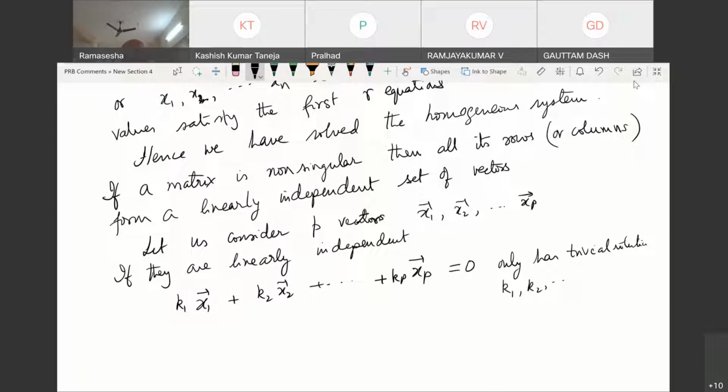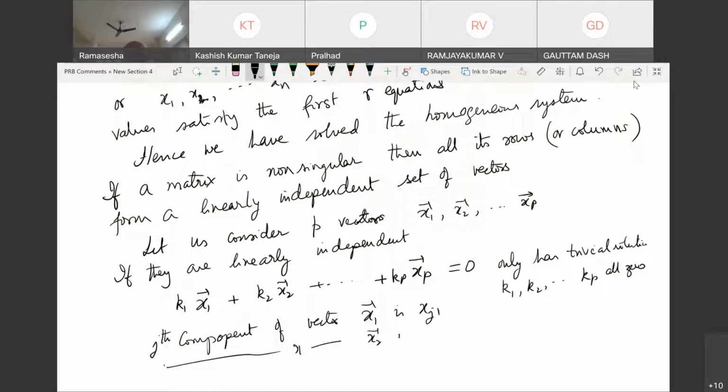Okay. Now, let me write down x1, x2, xp in terms of their components. So what I'll say is the jth component of vector x1 is xj1. Similarly, x2 is xj2, etc. So if that is the case, then I can write down the following equation for linear independence.